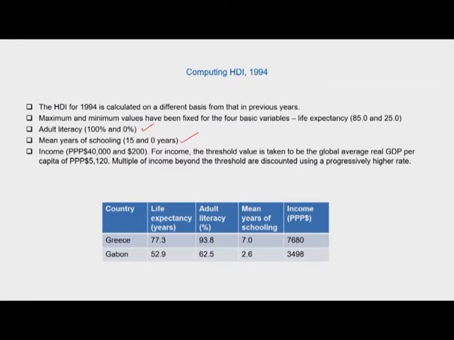In HDI 1994, along with adult literacy rate, mean years of schooling was introduced, and while computing the education attainment indicator, adult literacy was given a weight of 2/3 and mean years of schooling was given a weight of 1/3.